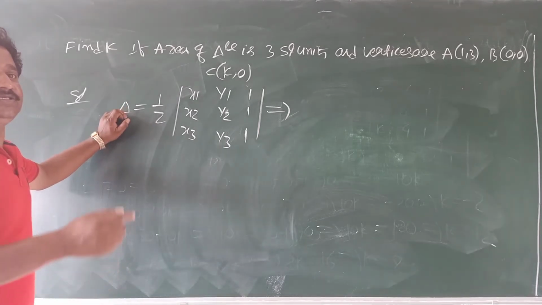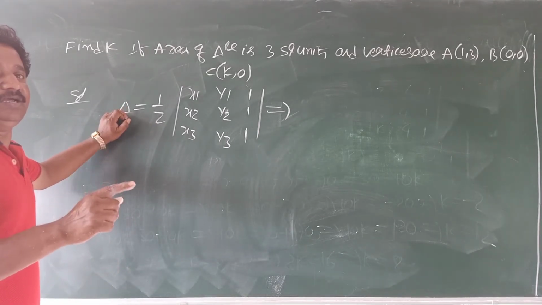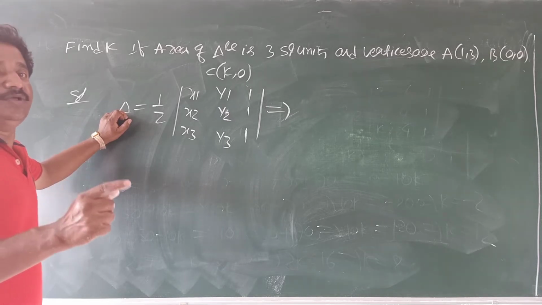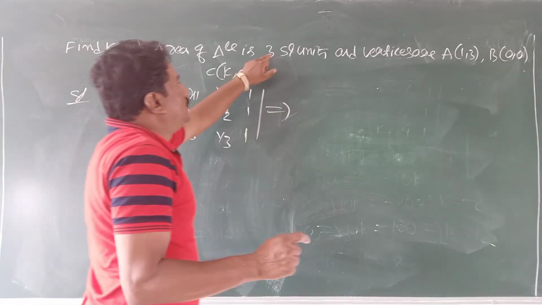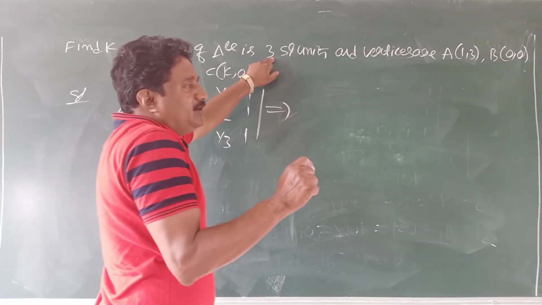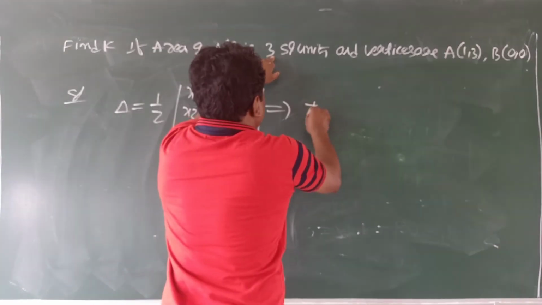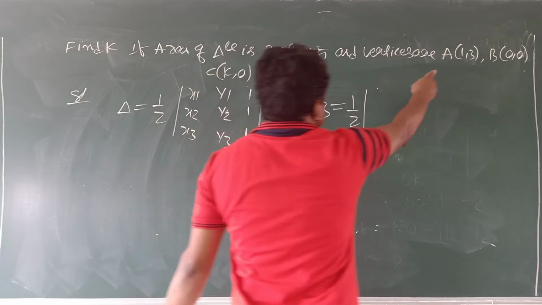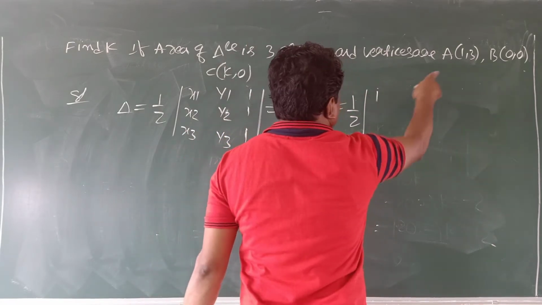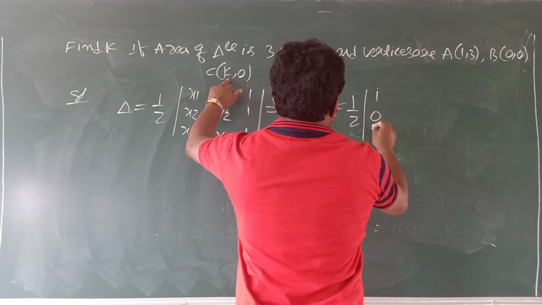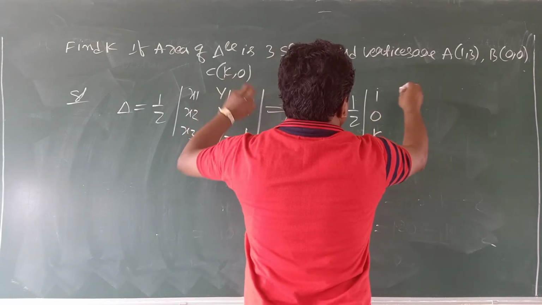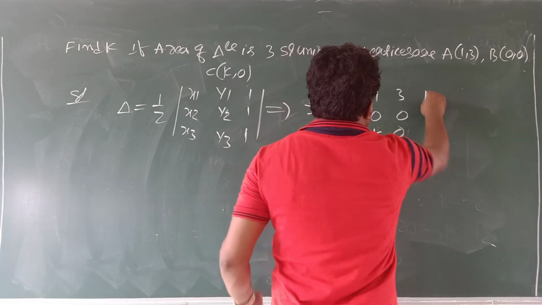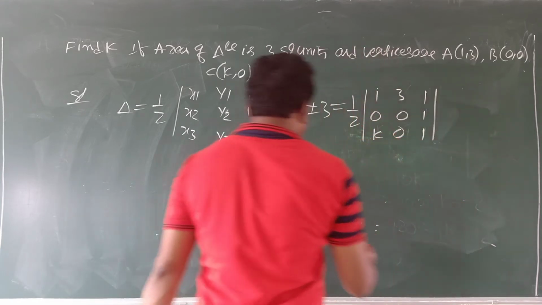Since the determinant can be either positive or negative, keeping that in mind, you take the delta value as plus or minus 3, equal to 1 by 2 times the determinant with rows 1, 0, k; 3, 0, 0; 1, 1, 1. Simplify that.